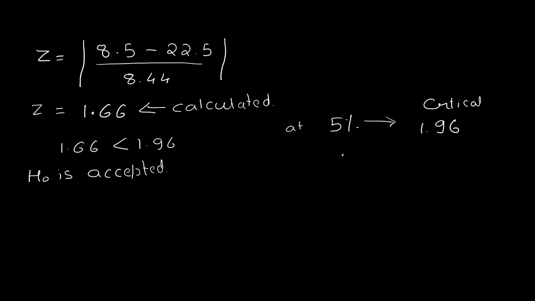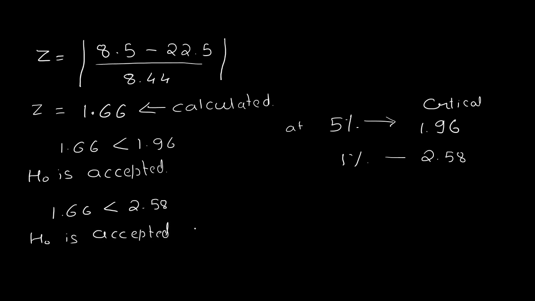And at 1%, the critical value is 2.58. Again, this 1.66 is less than 2.58. Therefore, this H naught is accepted at 1% level of significance, and similarly it is accepted at 5% level of significance.